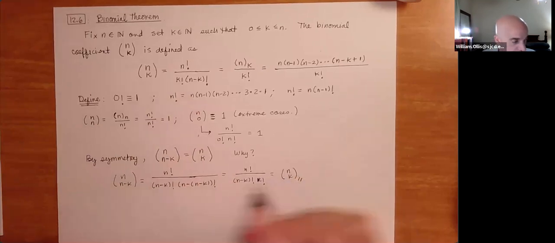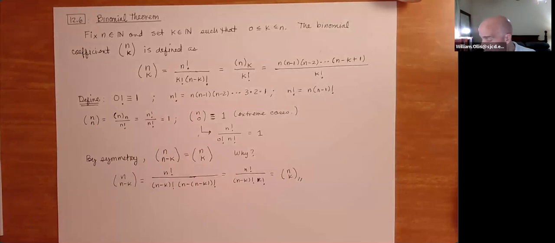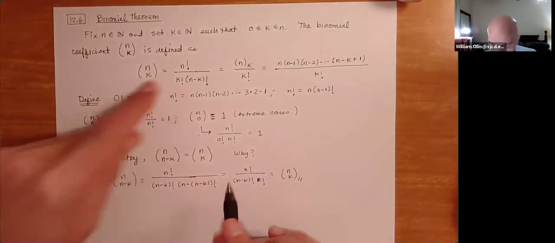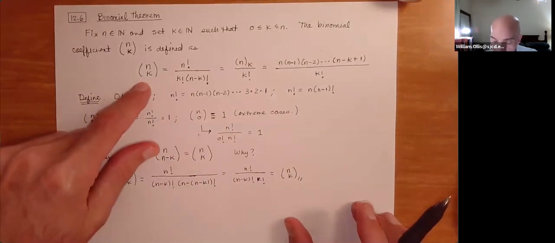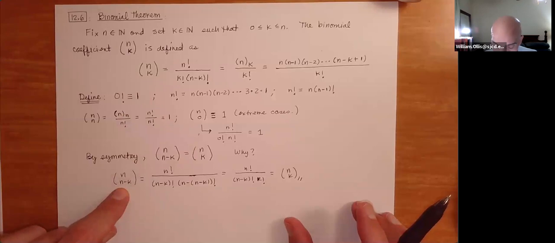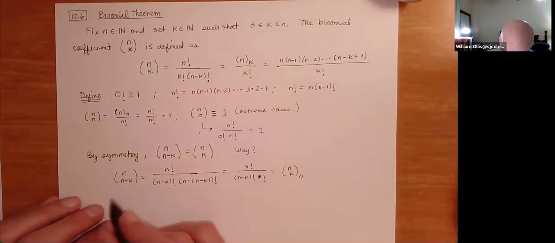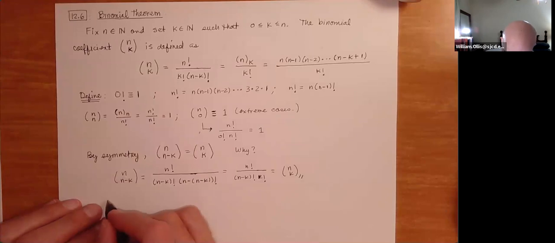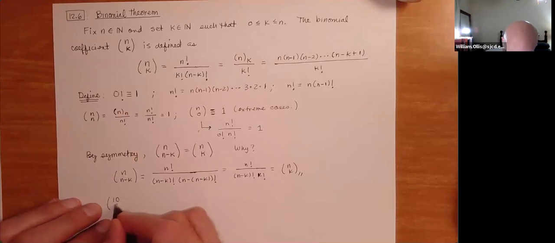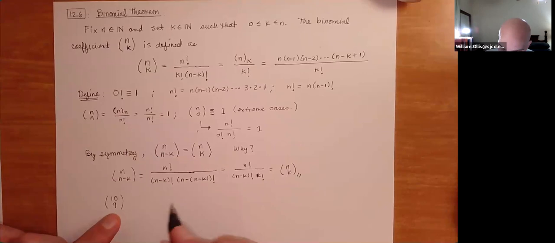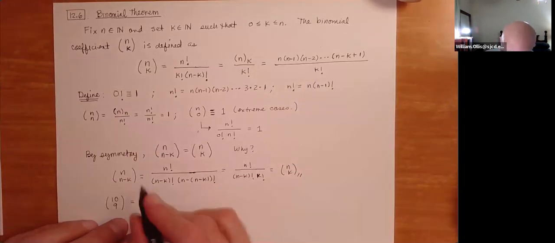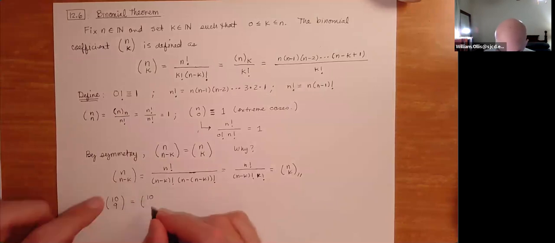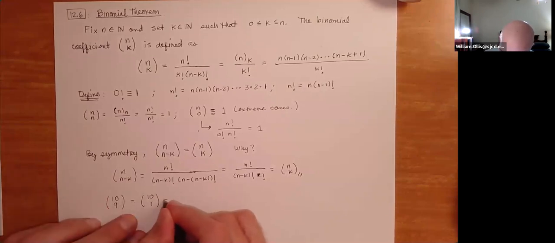So if you think about writing the definition this way, this certainly has benefits on seeing the symmetry of the binomial coefficient. At least n choose n minus k will always be n choose k. This is very powerful. For instance, if we had 10 choose 9, which would be a nightmare to compute this way with all those factors, we'd say, okay, well, this is the same as 10 choose 10 minus 9, which is 1, and that just equals 10.